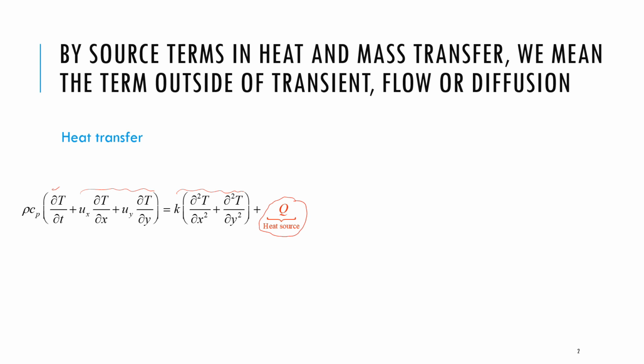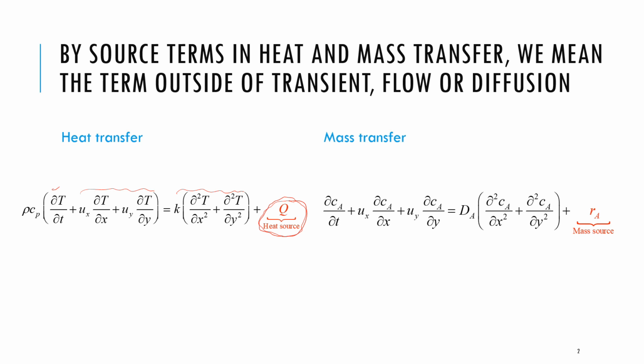But of course, energy doesn't just appear, it is a conversion from some other form of energy. In a very analogous way, in the mass diffusion equation, we have a mass source term.